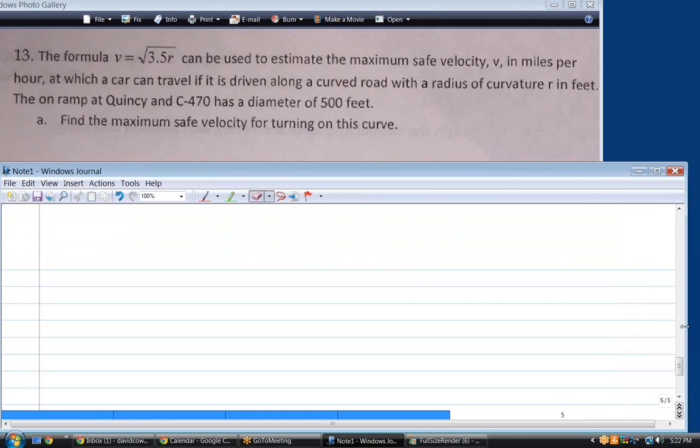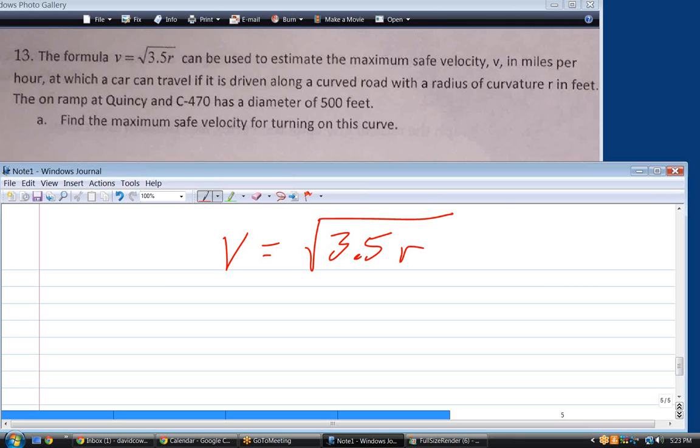Okay. So if v, the maximum safe velocity, is the square root of 3.5 times the radius of curvature of whatever curve you're going on. So the ramp at Quincy and C470 has a diameter of 500 feet.